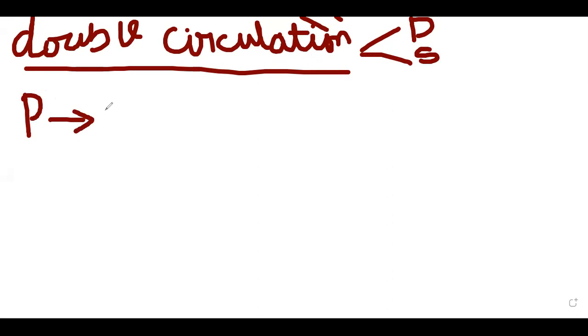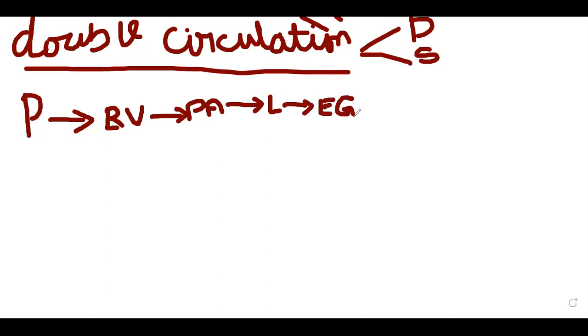Pulmonary circulation takes place from the right ventricle. There is a development of pulmonary artery. It transports to the lungs where exchange of gas takes place and oxygenated blood is formed.